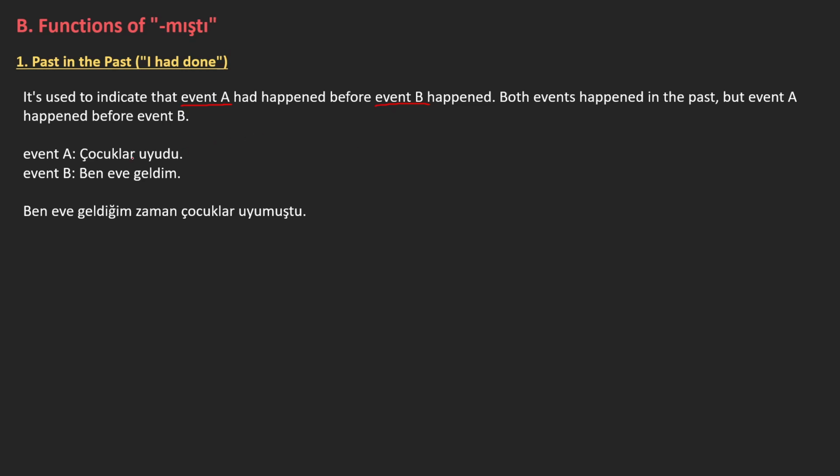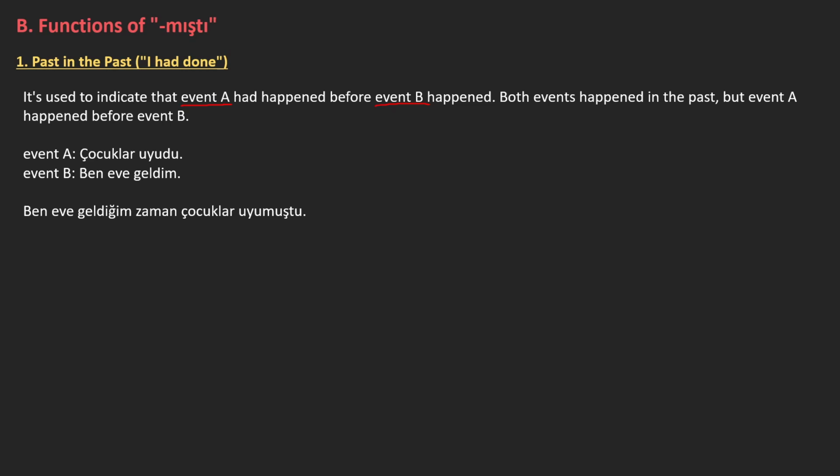Like here, event A is the action of kids sleeping. Çocuklar uyudu. Kids slept. And the other event, ben eve geldim. I came home. And when I put them together, ben eve geldiğim zaman çocuklar uyumuştu.